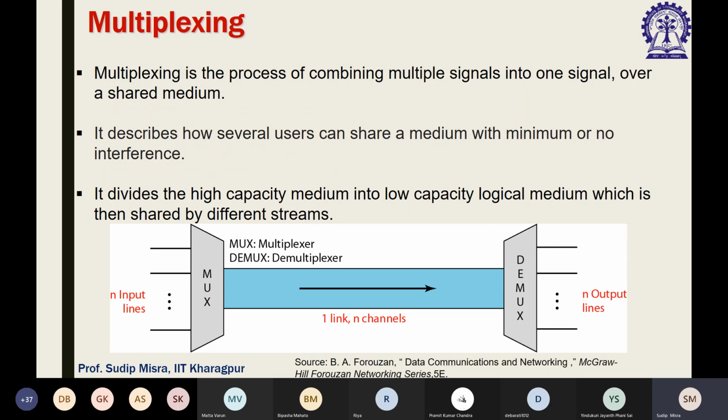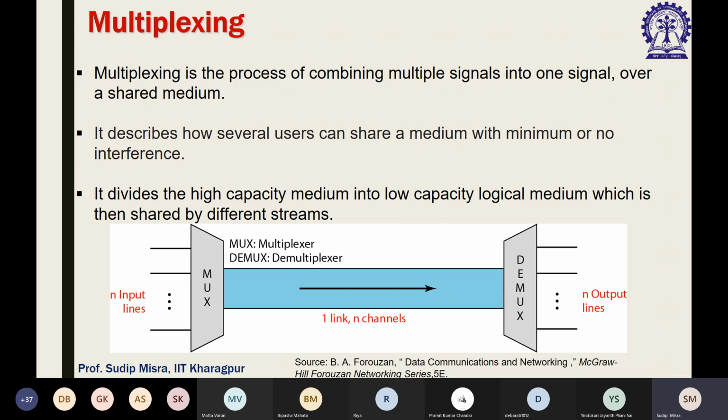First, let us try to understand the concept of multiplexing. This term you might have come across in some other computer science courses. However, in computer networks, we are going to discuss multiplexing in a little different way. Once again, multiplexing is about combining multiple signals into one signal.